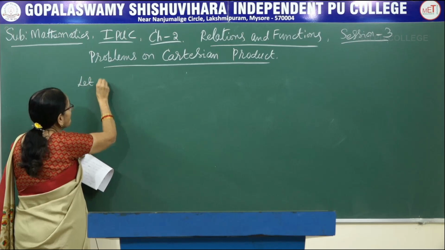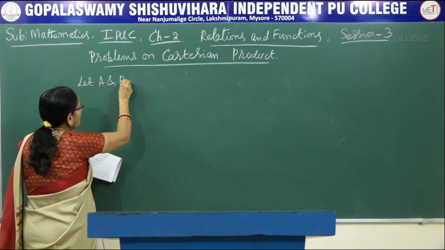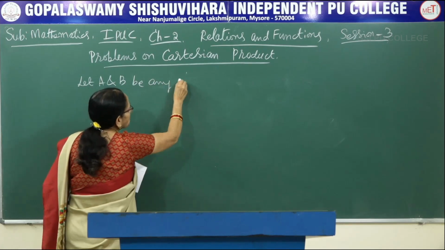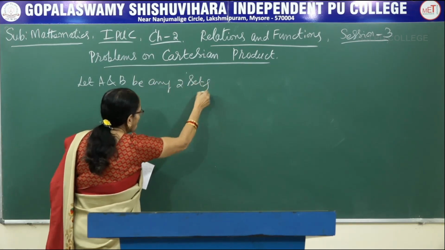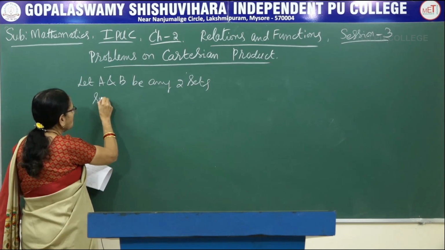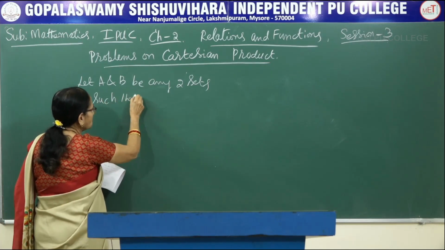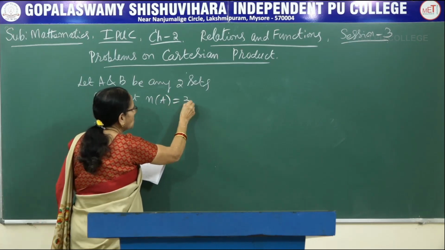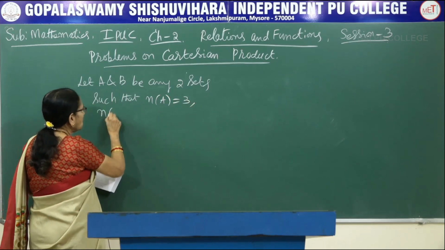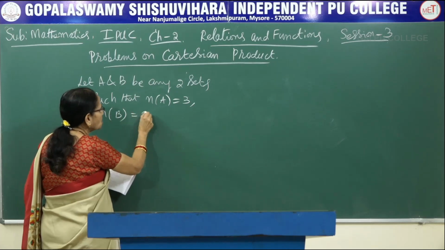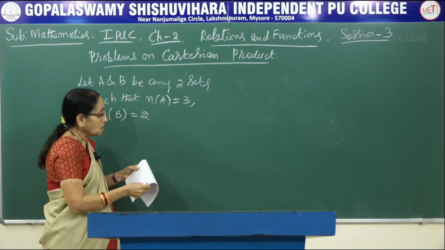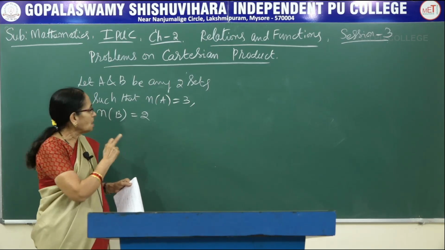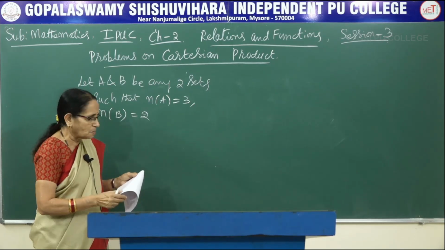Let A and B be any two sets such that n of A is equal to 3 and n of B is equal to 2. That means that there are 3 elements in the first set A and 2 elements in the second set B.